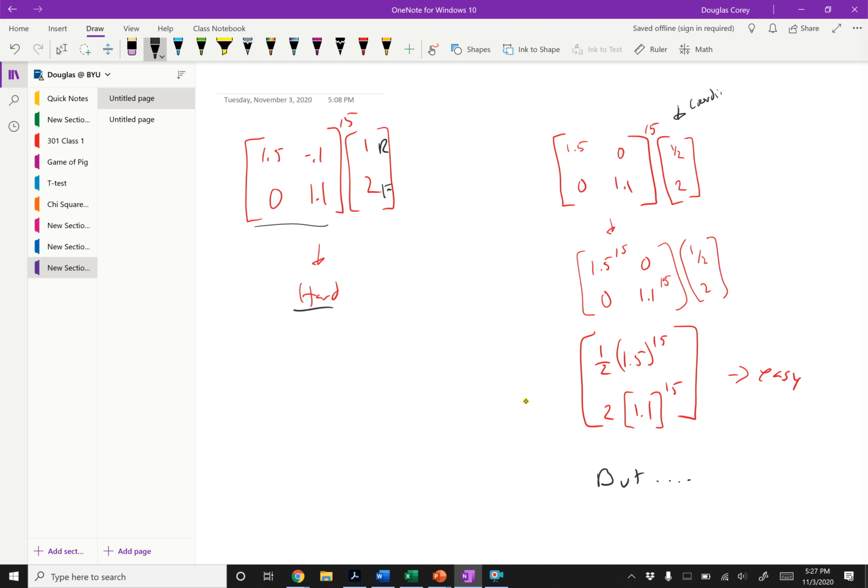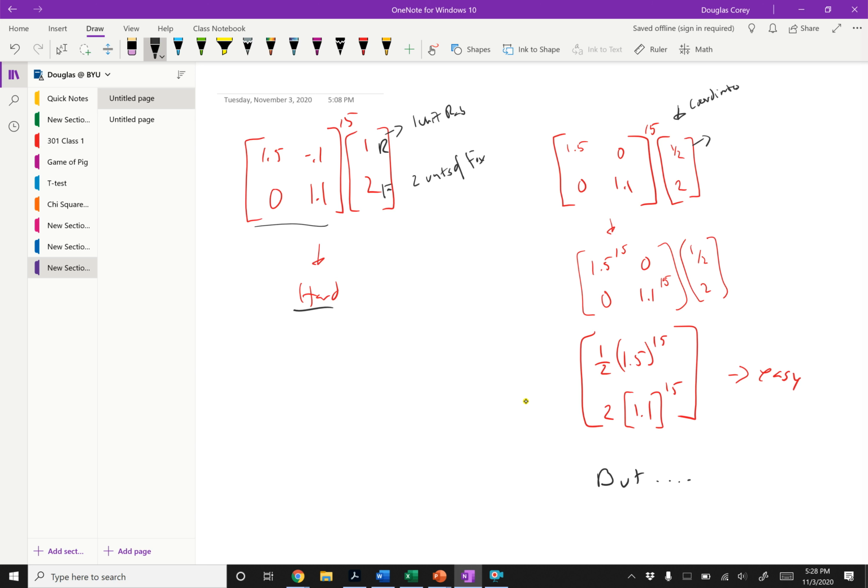And so one way to represent that, we didn't go this far in class, but if this is the coordinates in the eigenvectors, so let's go to these coordinates. This is 1 unit of rabbits, and this is 2 units of foxes. Okay, easy for us to think about, rabbits and foxes, but hard for us to compute.